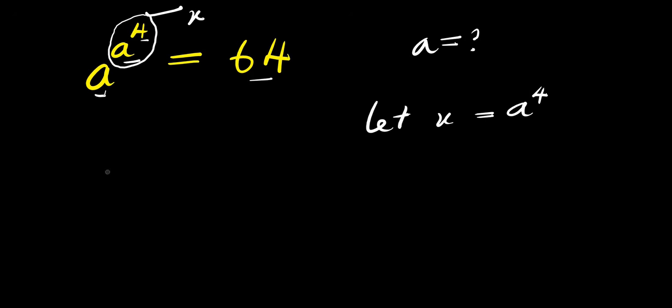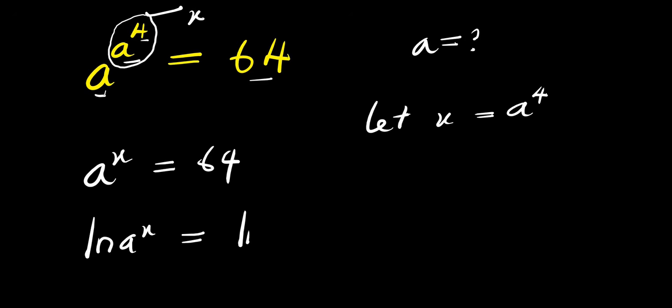Now, that means this equation becomes a power x equals 64. So we can apply natural log of a power x equals natural log of 64.